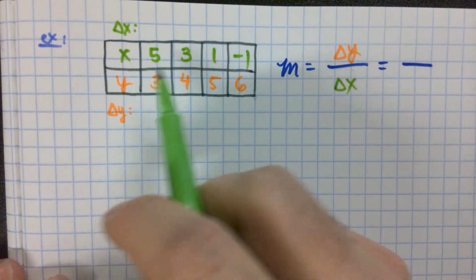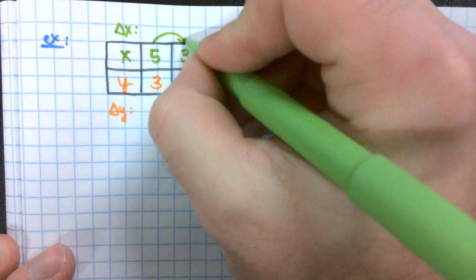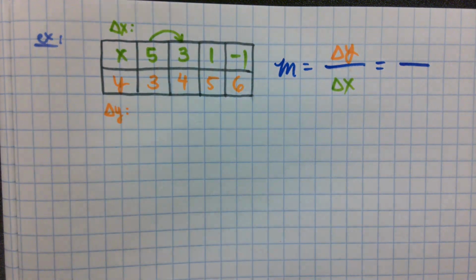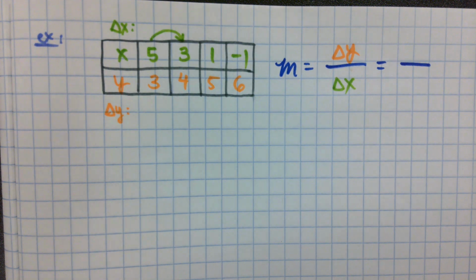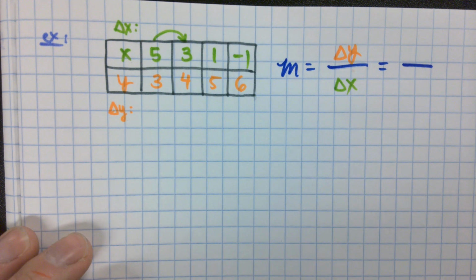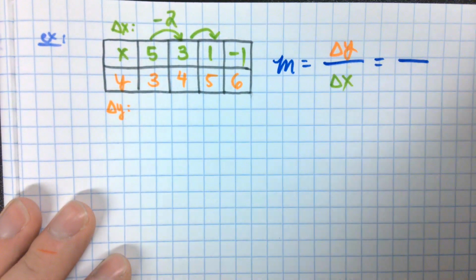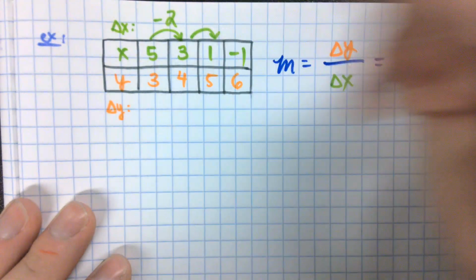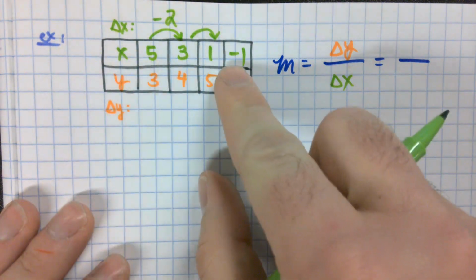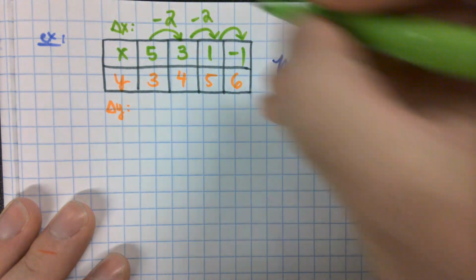We've got 5, 3, 1, negative 1. So we'll draw a little arrow from 5 to 3. And what operation do we have to do with what number to get from 5 down to 3? Minus 2, exactly. What about from 3 to 1? Minus 2 again. And from 1 to negative 1?